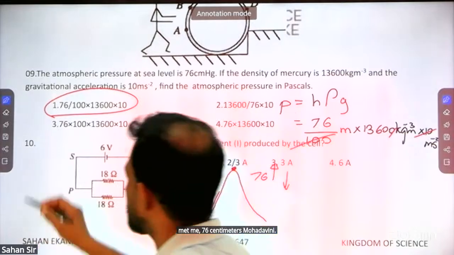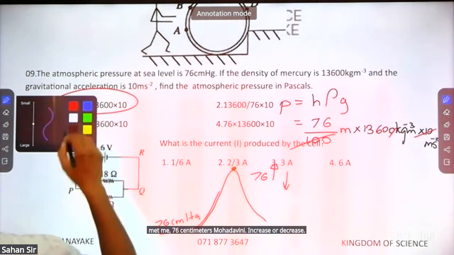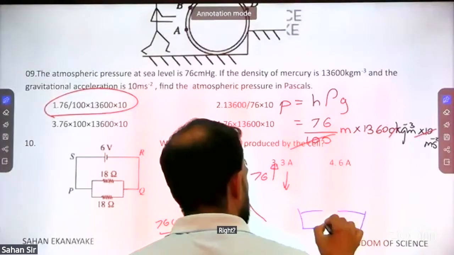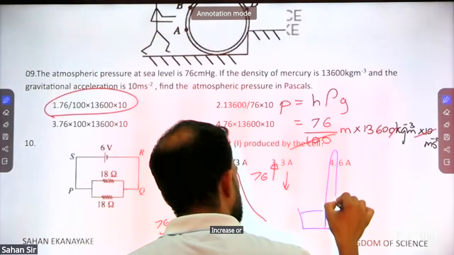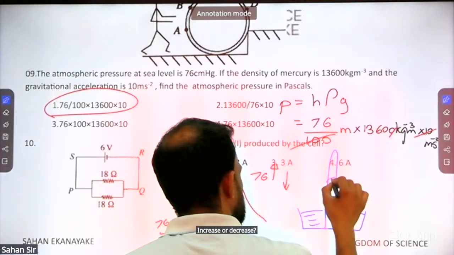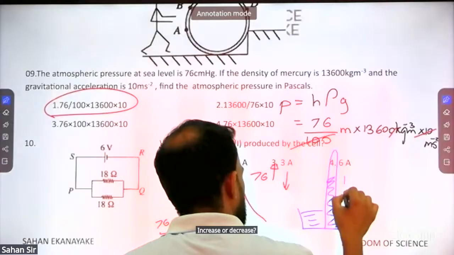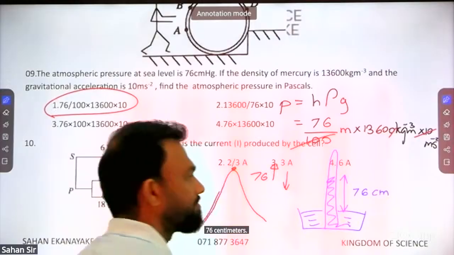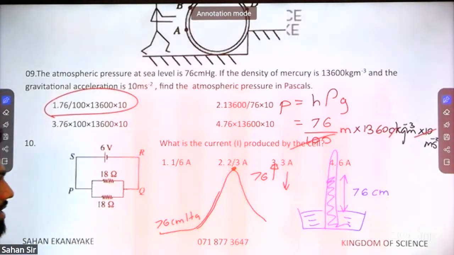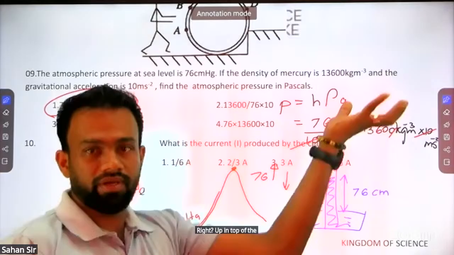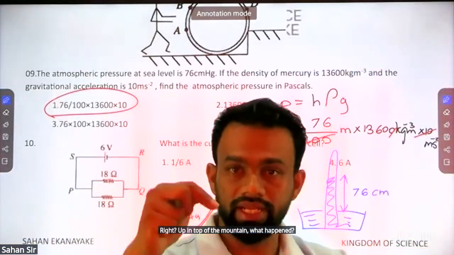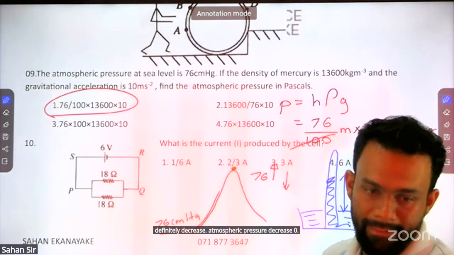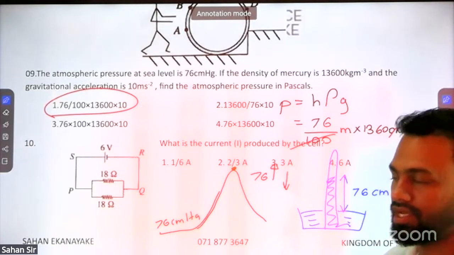Increase or decrease? 76 centimeters measure කරන්න. Right? අපි top of the mountain අරන් යනවා නම් what happened? Definitely decrease. Atmospheric pressure එක decrease වෙනවා.